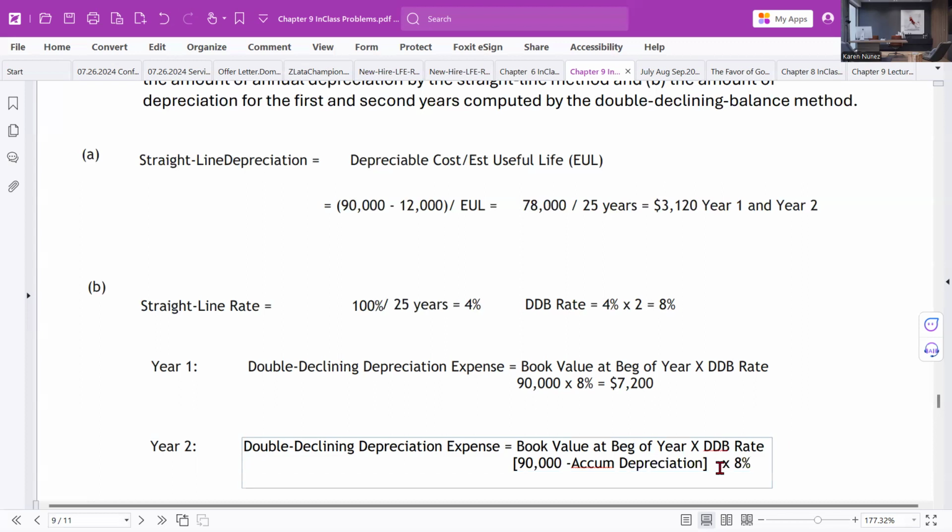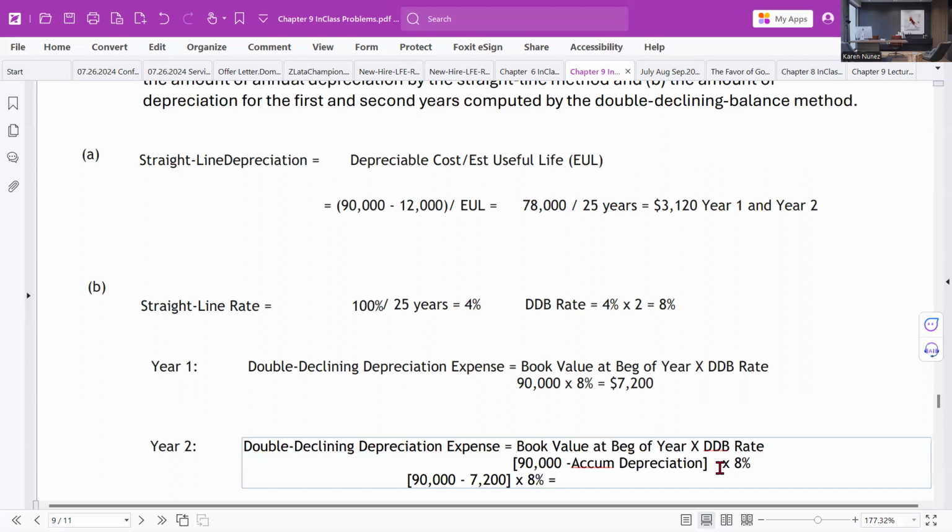So what do we have here? We're going to need this $90,000 minus the accumulated depreciation in the first year of 7,200, right? And what we want to do once we get that book value is multiply it times 8%.